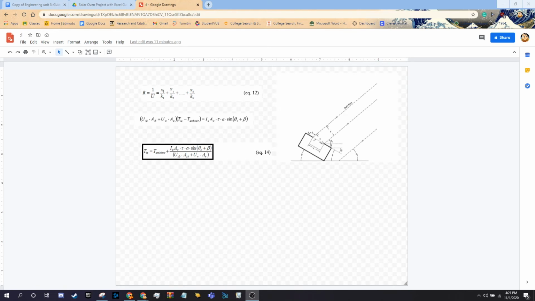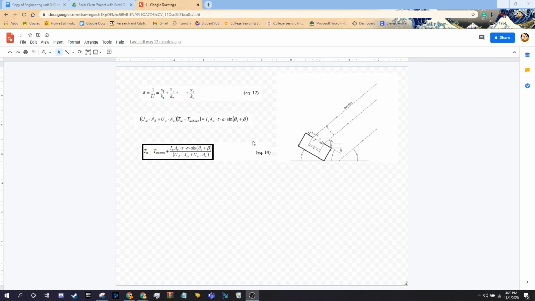So if I had two materials, I would divide the first material's thickness by its thermal conductivity, and then I will add that to the thickness of the second material divided by its coefficient of thermal conductivity. And basically, the more materials you have, the more it will reduce the overall heat transfer.